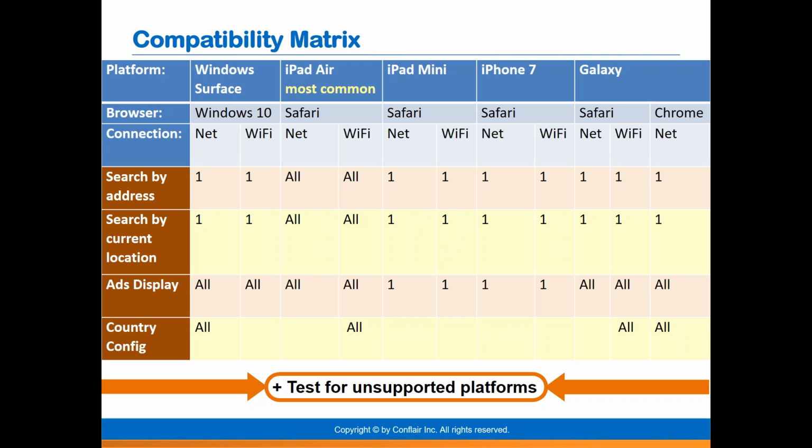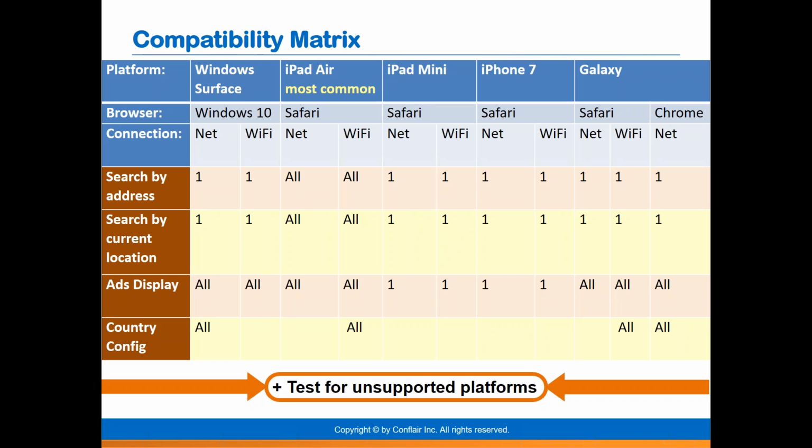So we did the analysis and we decided that in our target population we use Windows Surface, iPad Air, which is most common in our target user groups, iPad Mini, let's say the old iPad Mini, the iPhone 7 and Galaxy, right? Good. We also use different browsers. Windows 10 actually is not a browser, it's the default browser for Windows 10.